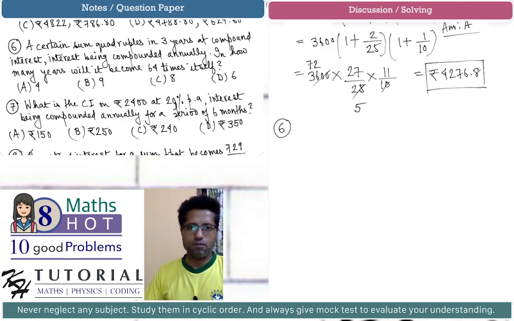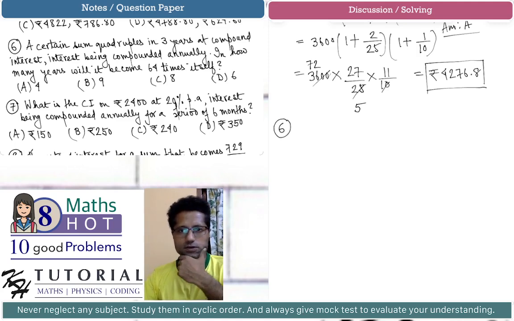So in this problem, the rate is not given. A certain sum quadruples in 3 years at compound interest, interest being compounded annually.